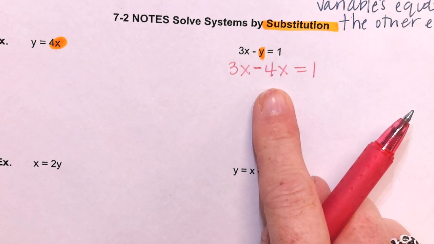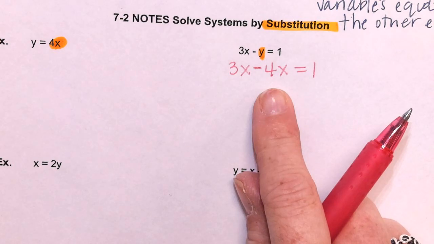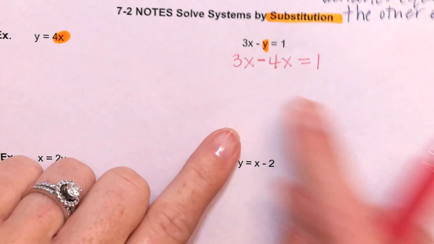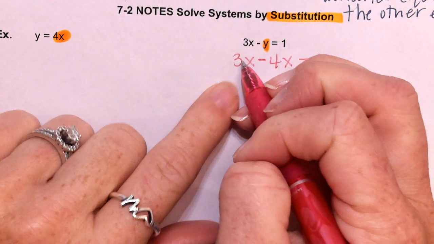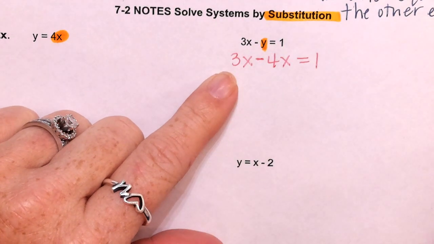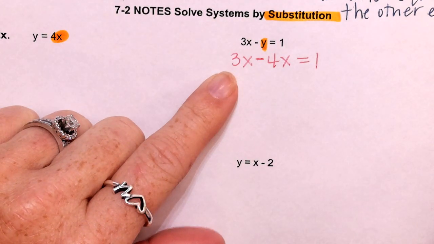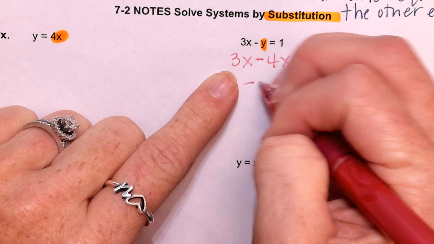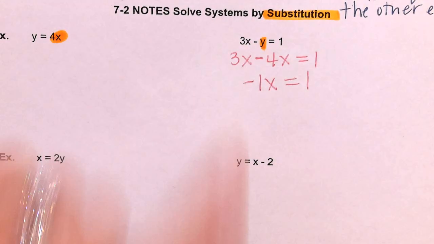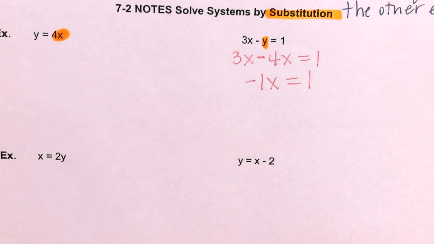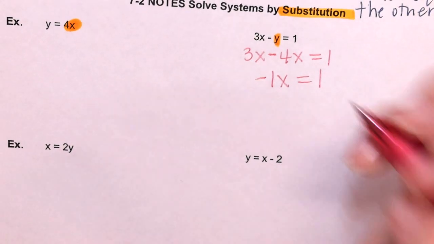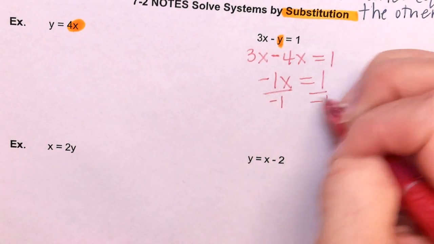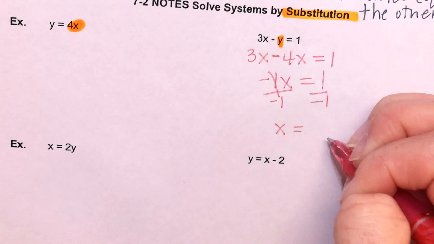Yes. You can always solve for a variable if you just have one variable. So I'm going to solve this equation. What is 3x minus 4x? Negative 1x equals 1. All right, how would I solve for x here? Divide by negative 1. And what do you get x to be?